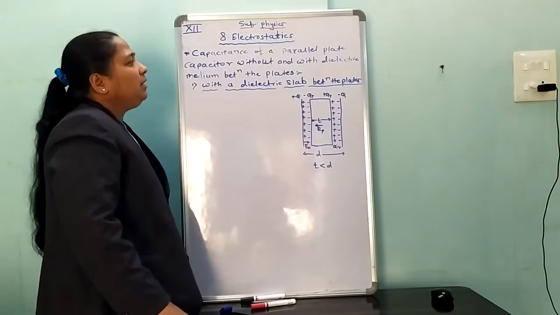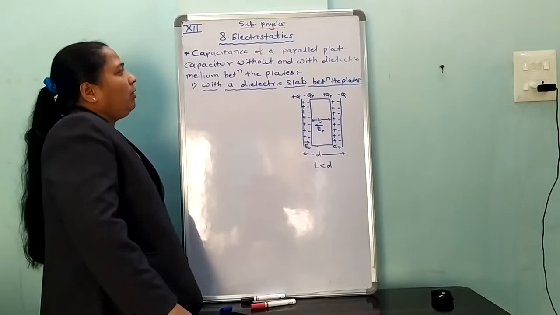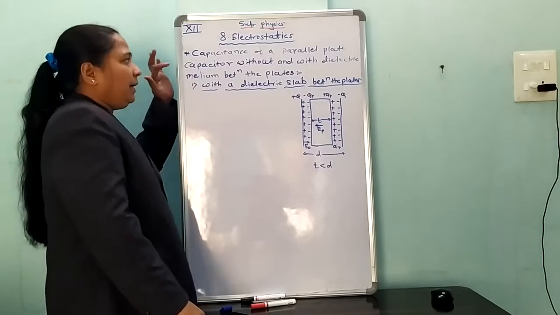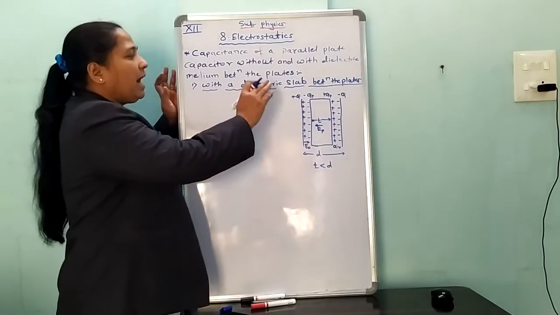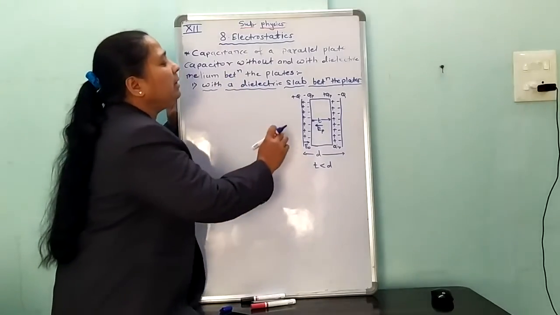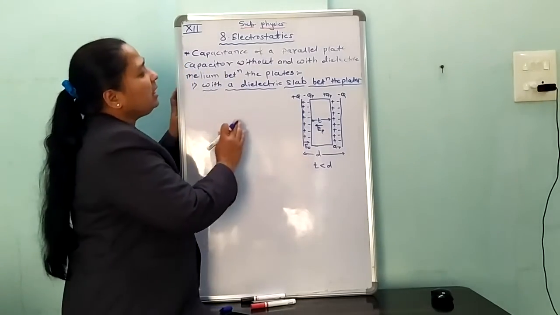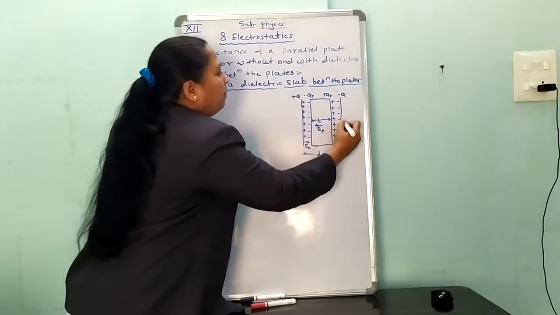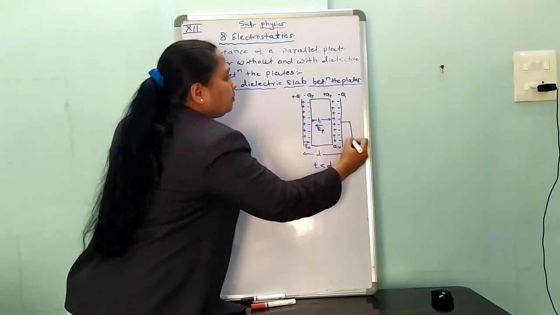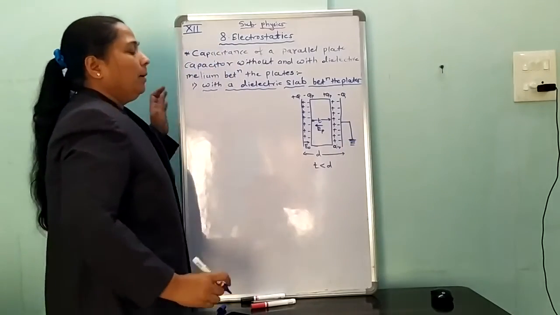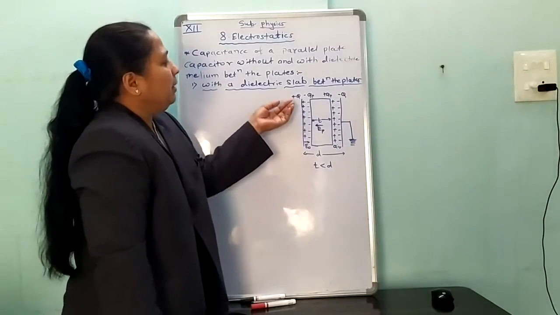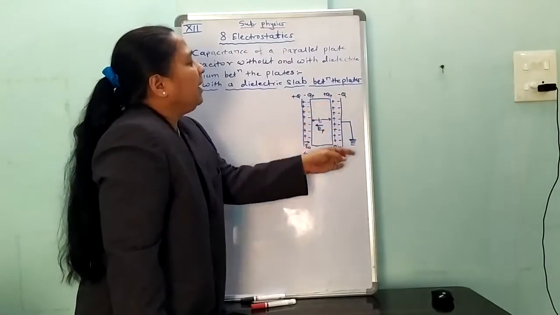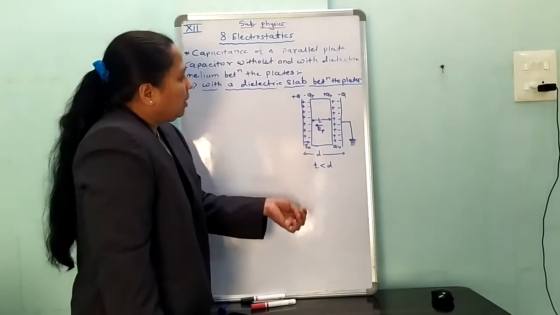Now, we see the next expression: the capacitance of a parallel plate capacitor with a dielectric medium between the plates. Consider a dielectric slab kept between the two plates. One plate is positively charged and the other negatively charged.